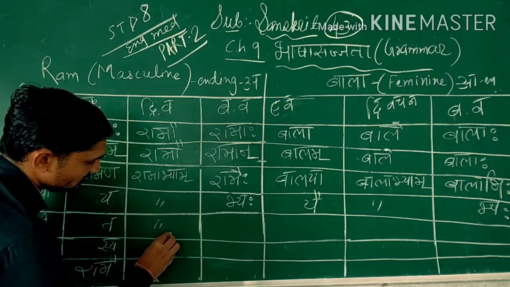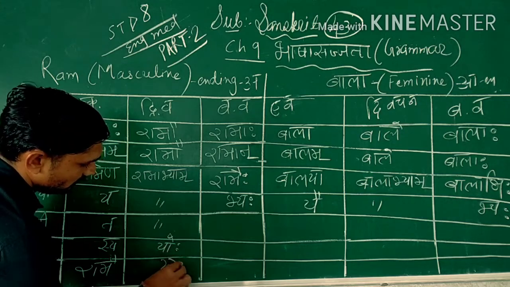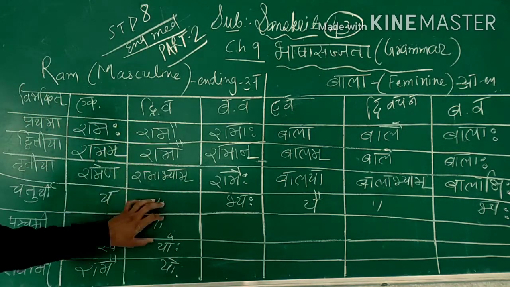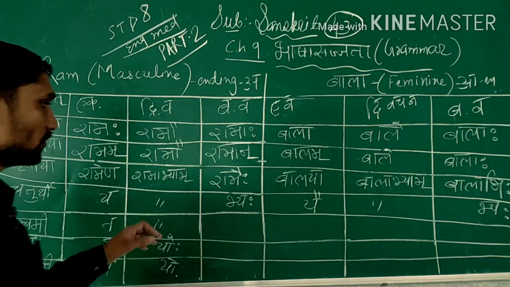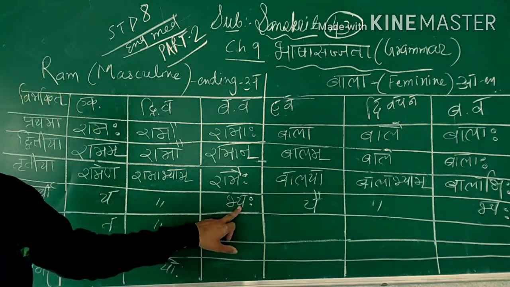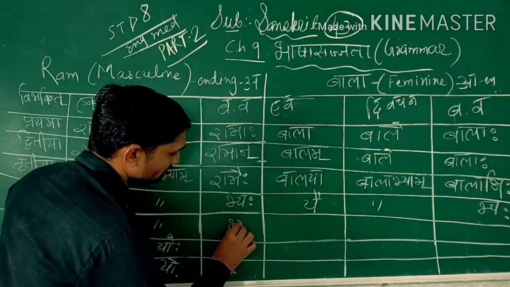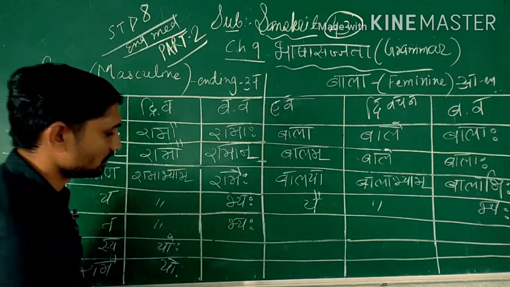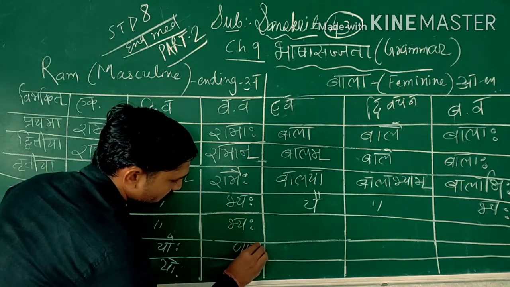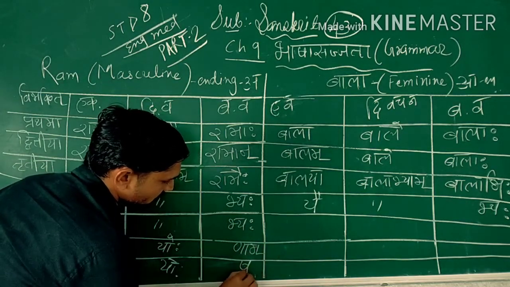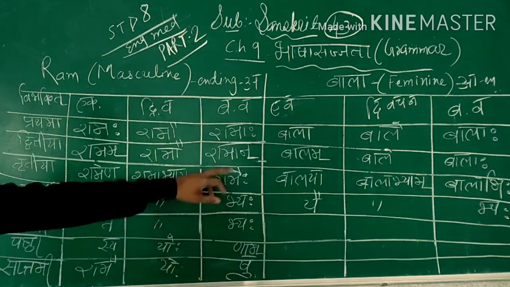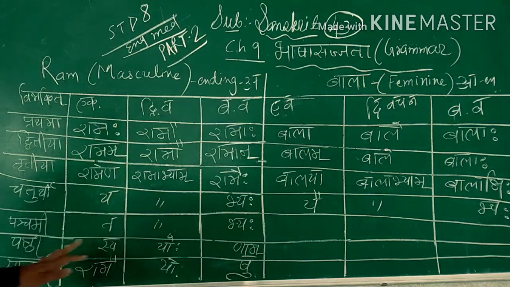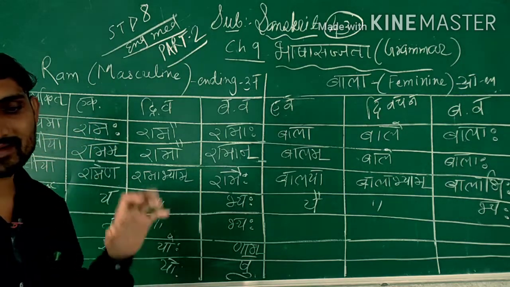In your book you can see Ramayoho. Means Ramabhyam and Ramayoho. Here see Bhyaha, then the same pattern: Bhyaha, then Nam, Shu, and last Shu. So the pattern happens: Name, Bhyaha, Nam, Shu. This is the pattern of all words ending in Rama.